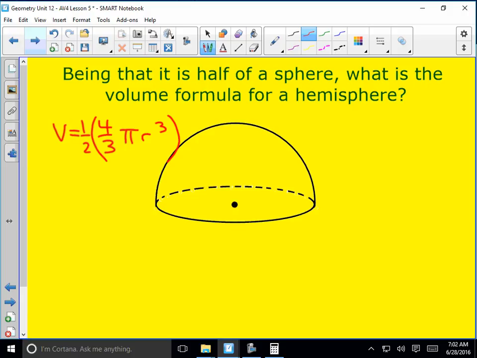When we do that, we can do the 4 divided by 2, and we get 2/3, which is half of 4/3 pi r cubed. Then any radius we have, we would plug it in for r, cube it, and multiply by the 2/3 to see if we get an exact value. If we don't get an exact value, make sure that you turn it back into a fractional value.